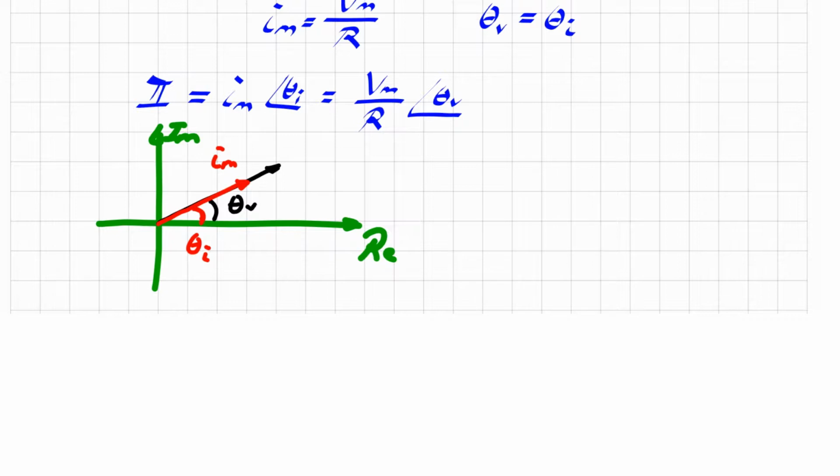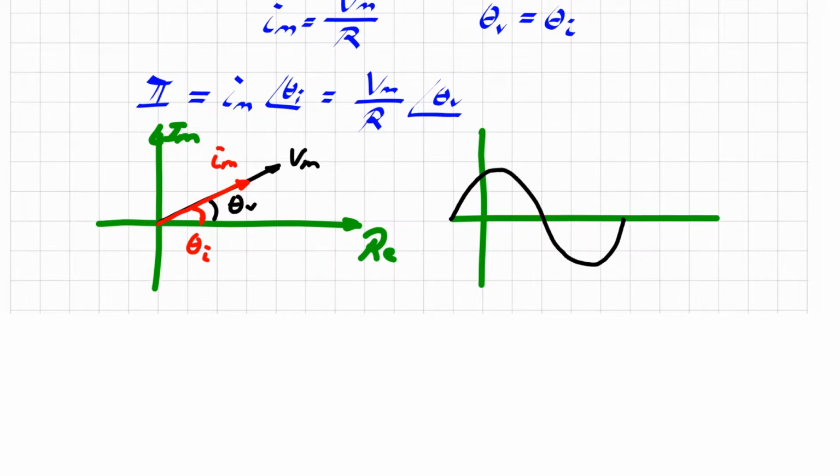In the time domain, what does it mean? For the voltage, this is the voltage by the way, if I have theta V like this, and this is the voltage, my I is going to be like that.